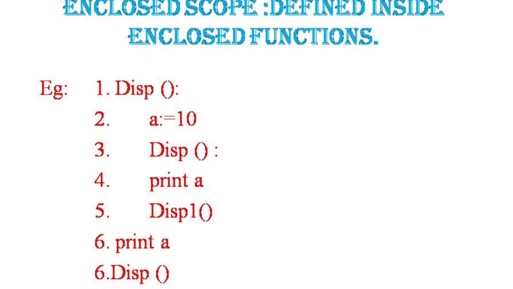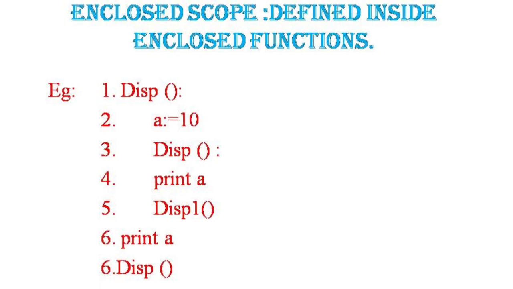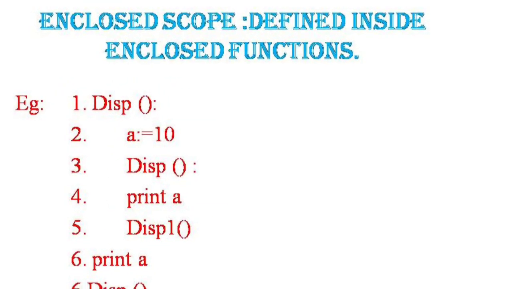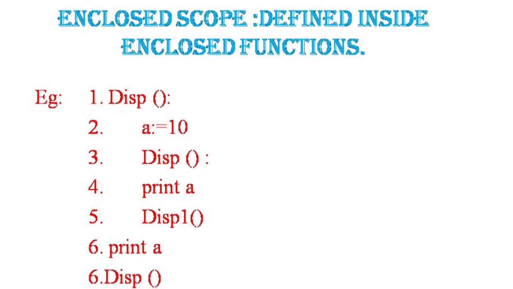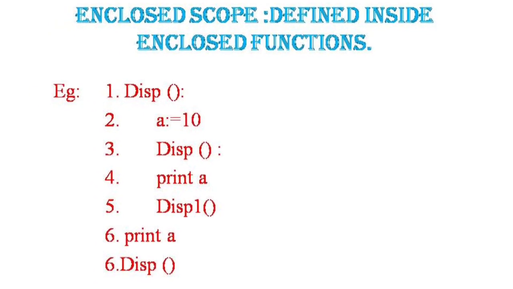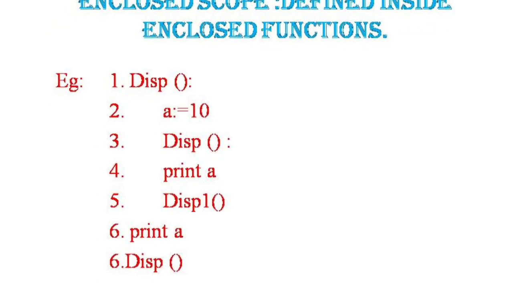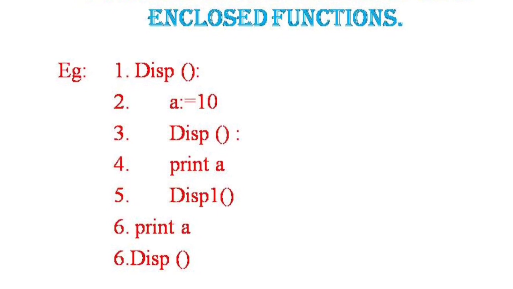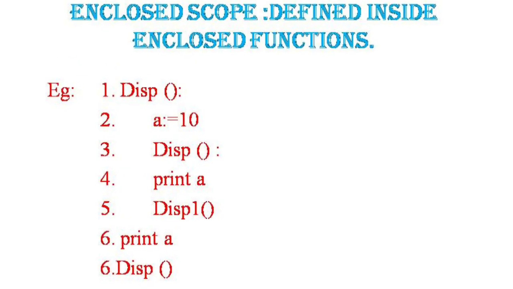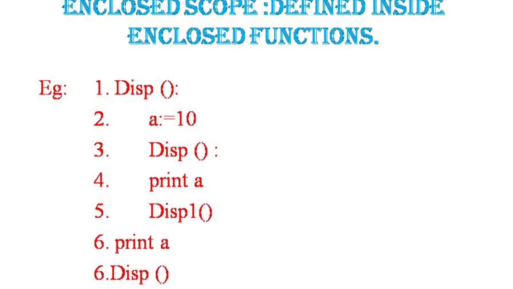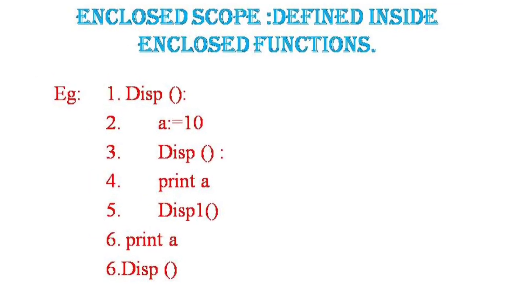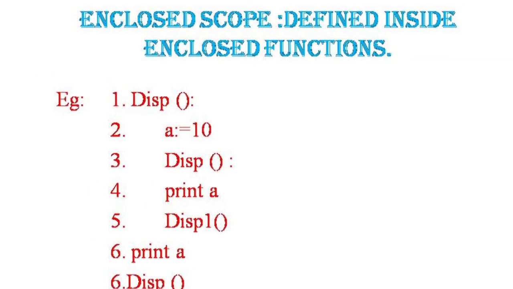Now variable A is declared equal to 10. When the compiler searches for the variable, it will search the local scope. So in the first search, disp prints A as 10. Then it will search the enclosed scope and again the output will be printed as 10.